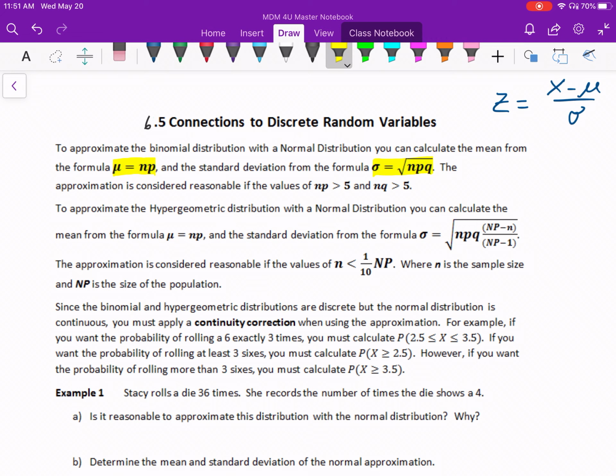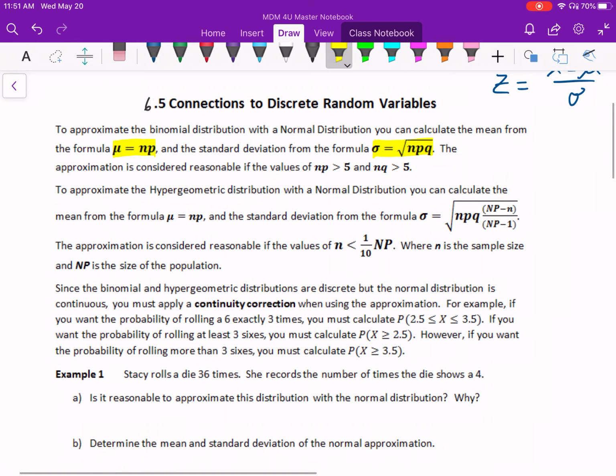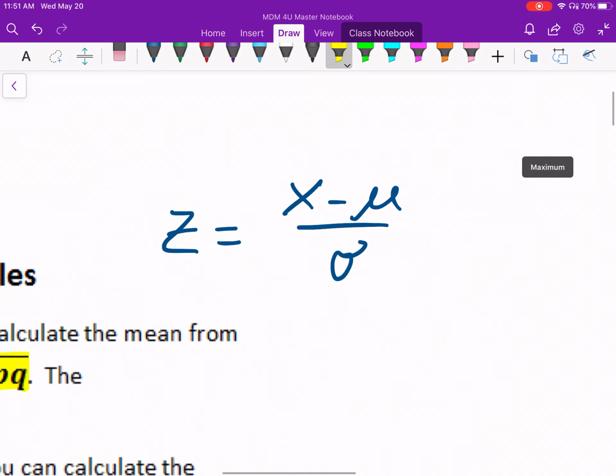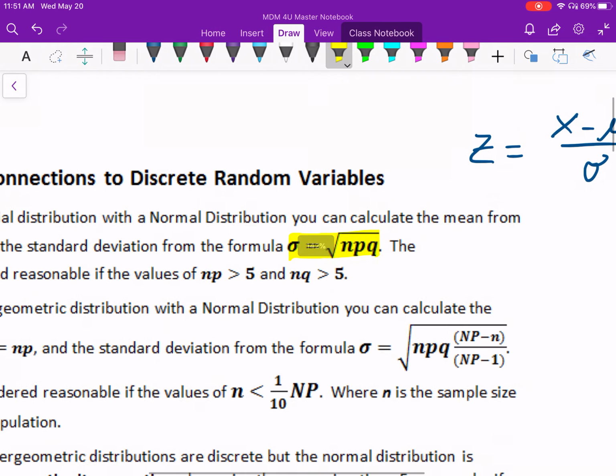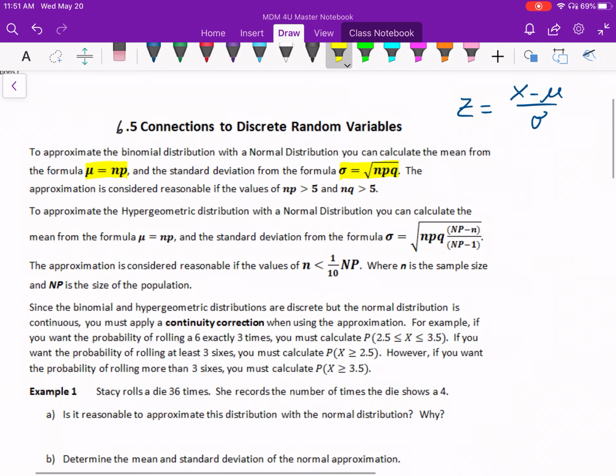And those are both acceptable approximations. All right, so they're very simple to do, and we can plug them into a z-score and then calculate a z-score from them. So that'll make things easy.